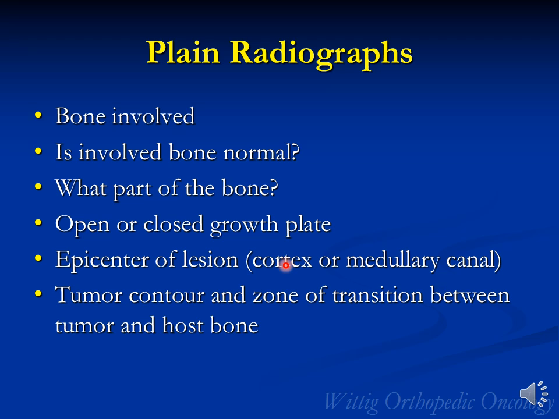Is it central, within the bone, in the medullary canal? Is it eccentric? Is it cortically based, or is it periosteally based? And what's the tumor contour and the zone of transition between the tumor and the host bone?